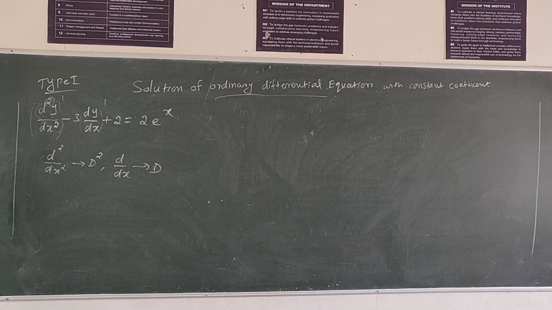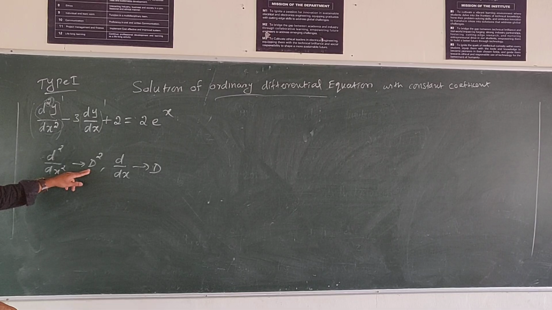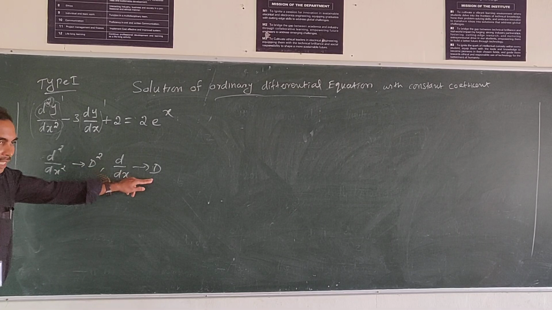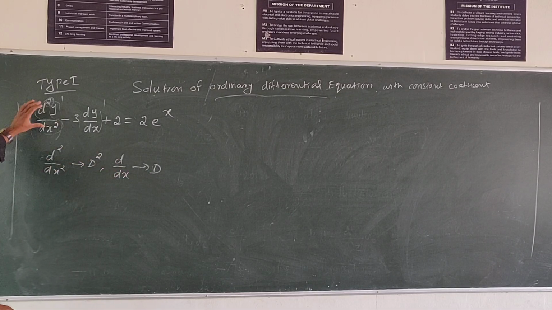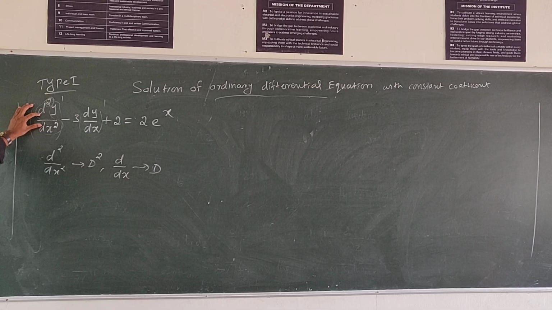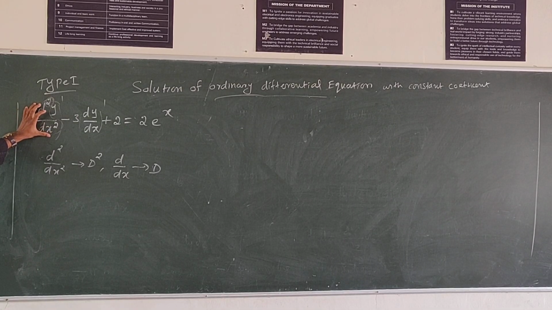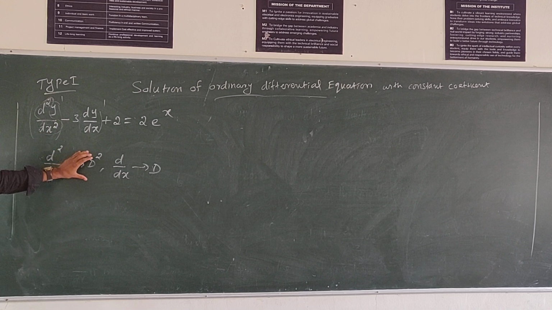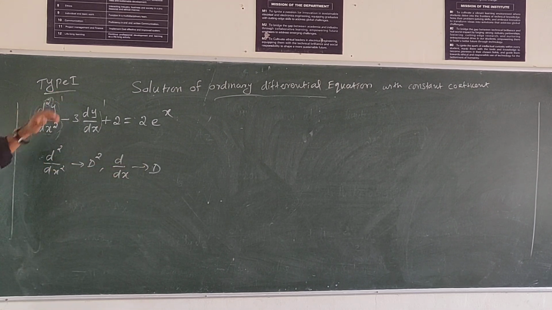In some problems, they will directly give D squared or D, but in many problems they may give d squared y by dx squared. Here we have to convert it into capital D squared.